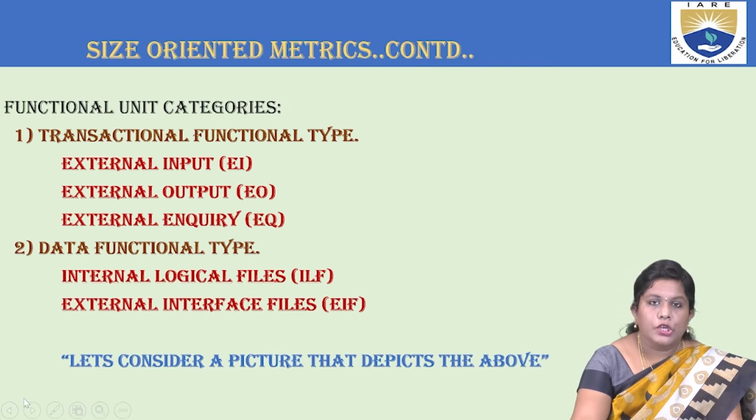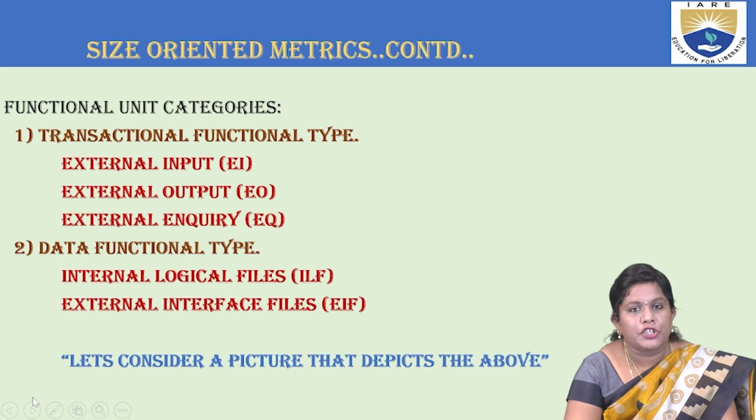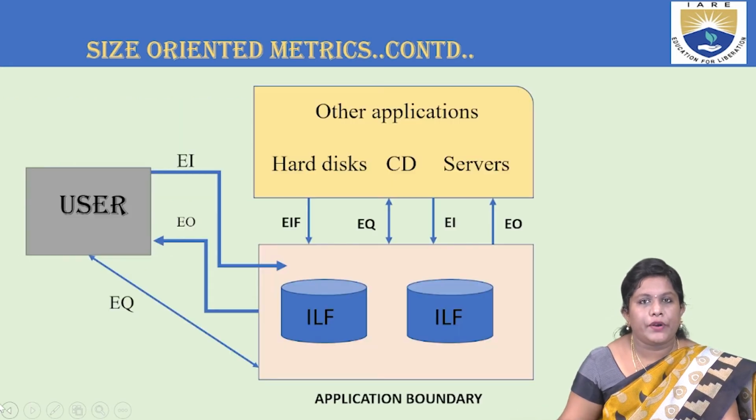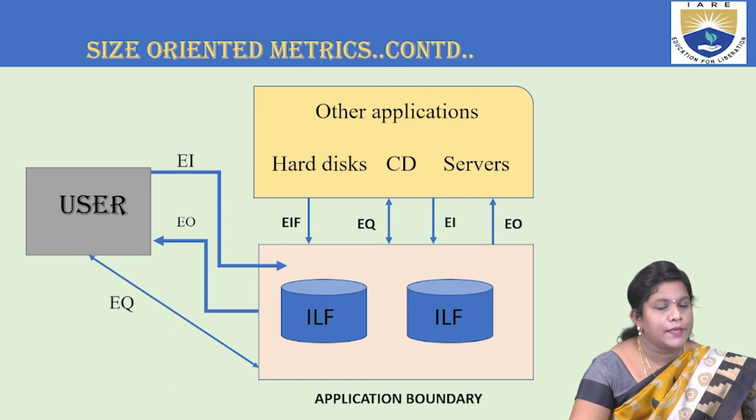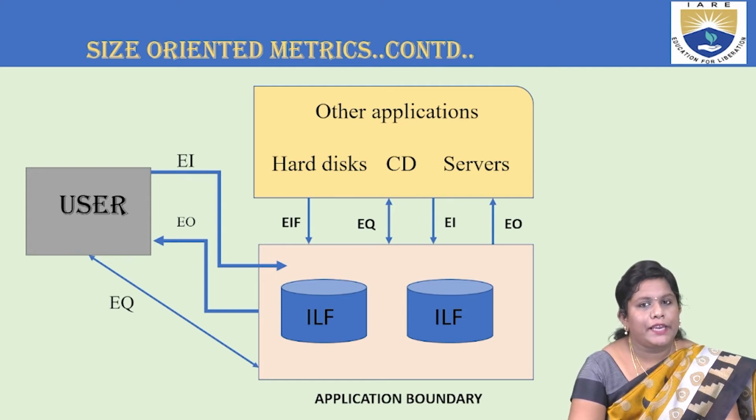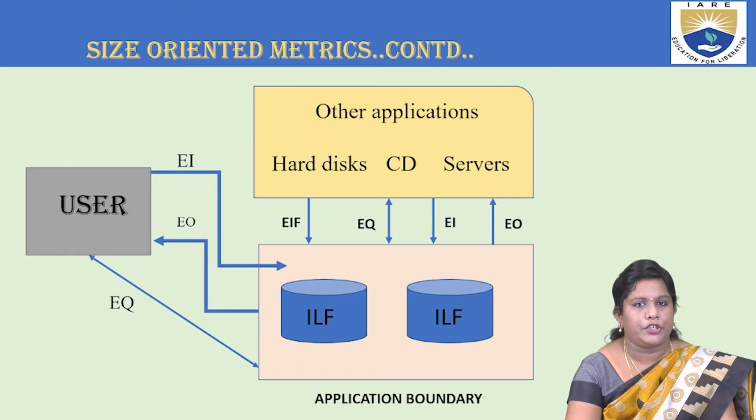Right? To elaborate this functional unit diagrammatically, we can represent it in this format that includes 3 major blocks. Initially the users, then the applications, and then the original application, which is considered as the application boundary. I repeat, there are users, the way they interact with the present application, and how the external interface file is involved in trying to get things from the other applications.